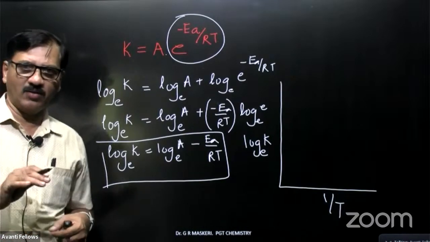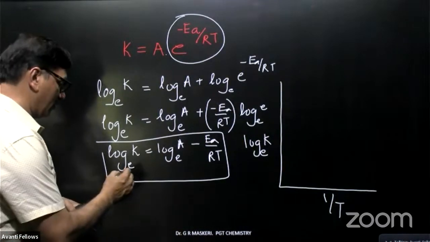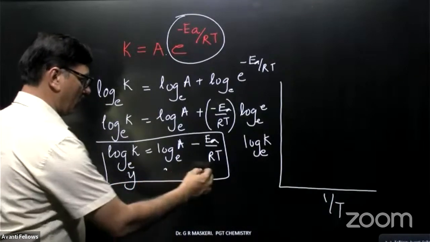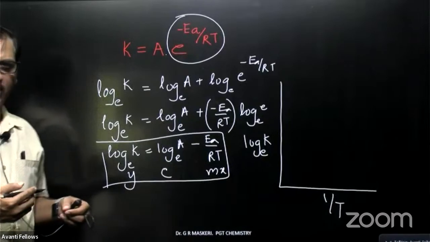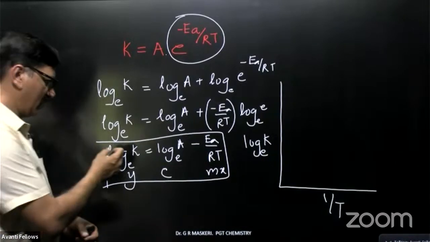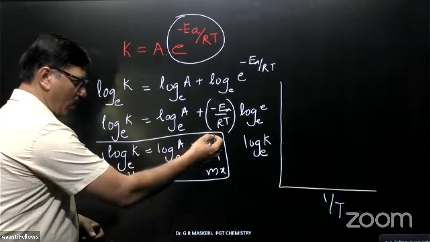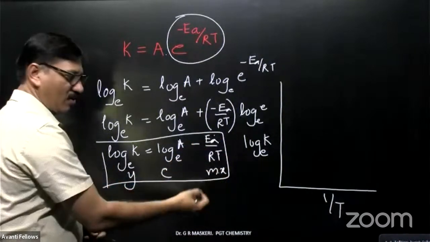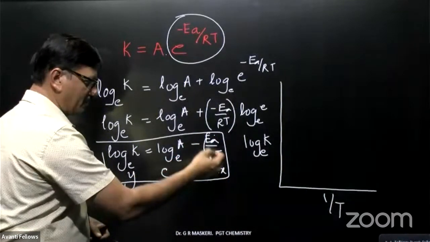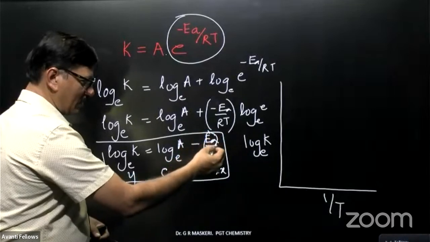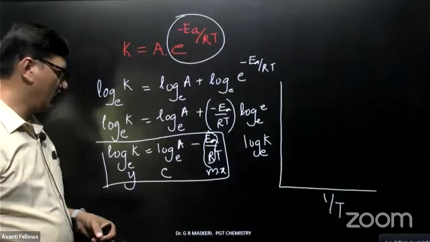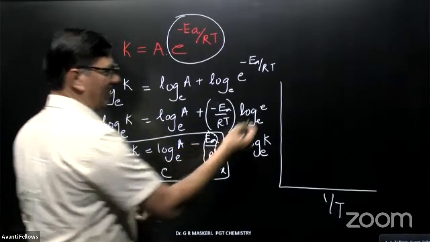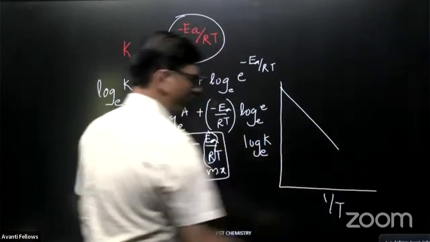You can assess it by taking the y is equal to mx plus c form. It is also in that form. This is drawn on the y-axis, 1 by T on the x-axis. Therefore, what is left out is the m value, the slope value. Since it has a negative sign, the graph should be like this.